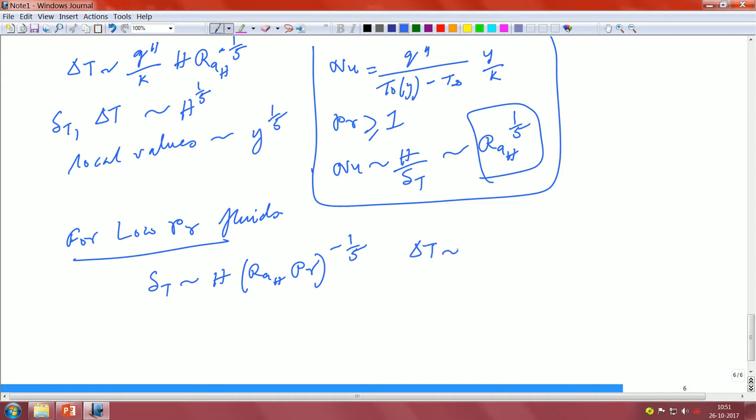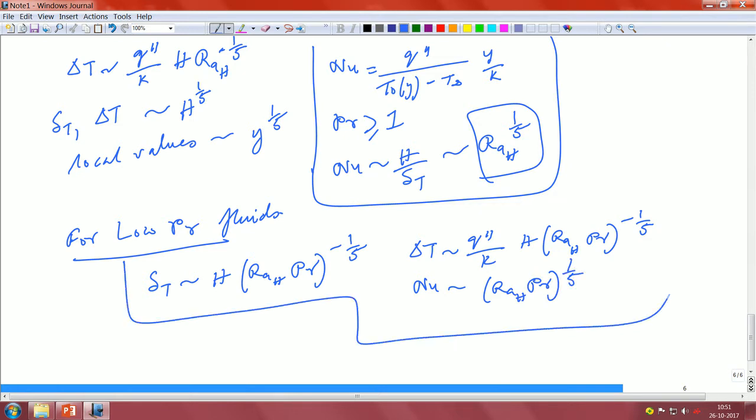The delta T is q double prime by k times h, Rayleigh number h into Prandtl number to the power of minus 1/5, and Nusselt number is Rayleigh number into Prandtl number to the power of 1/5. Got it? So, these are the three results that you will get.